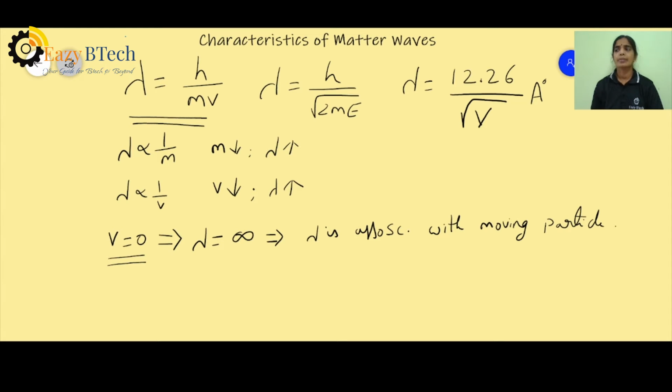The next important point: the wavelength does not depend on charge. Irrespective of the charge present on the particle, matter wave will exist with it. Since the wavelength is independent of charge, matter wave is associated with the particle whatever its charge. This proves that these waves are not electromagnetic, but a new kind of waves called matter waves.